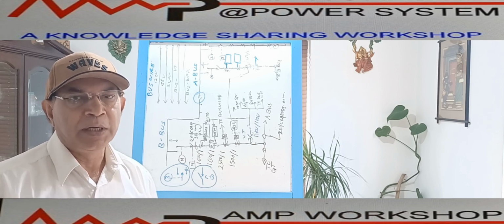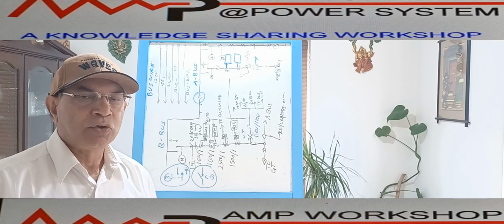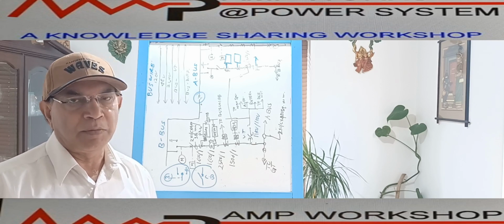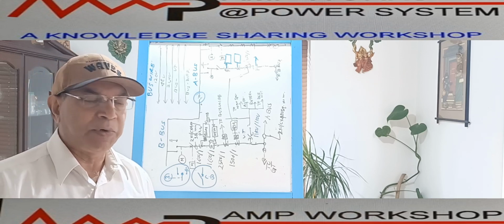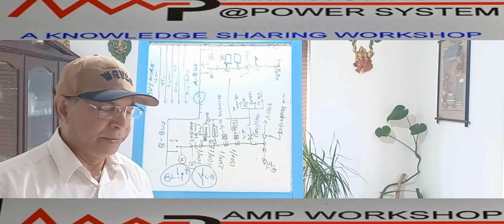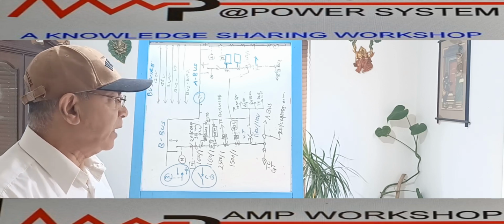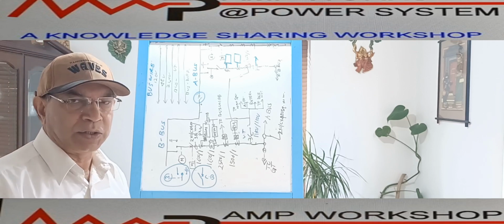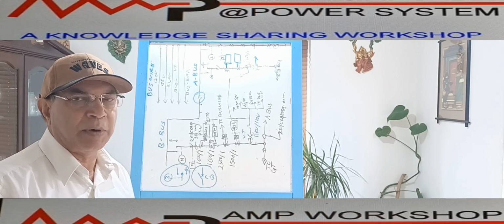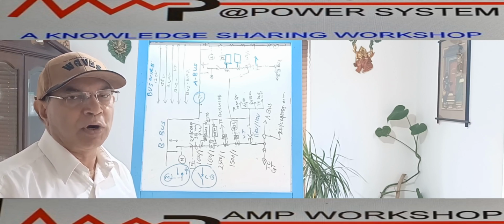Each equipment will be supplied by dual feeder. So if any of the feeders has some problem, then the other feeder will cater power. So there will be uninterrupted operation of the plant. That is our purpose, that is our intention. So based on that, we have decided all the generators will be connected by dual feeder, dual breaker.